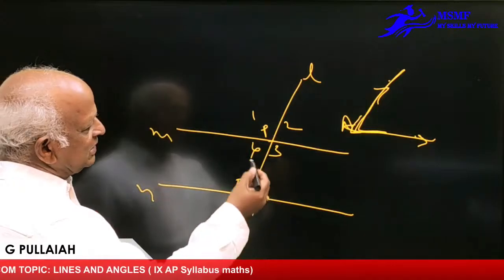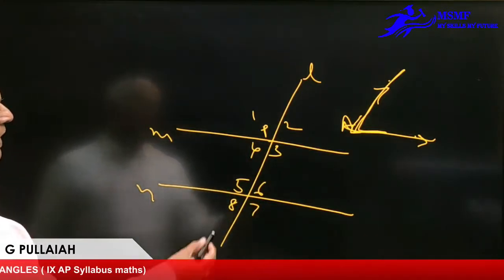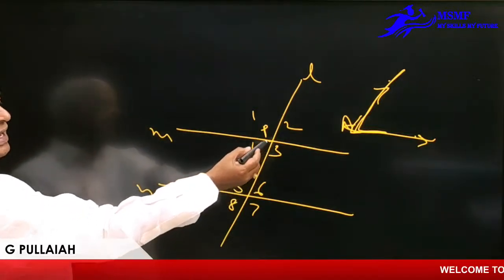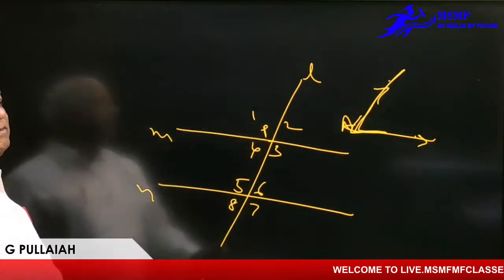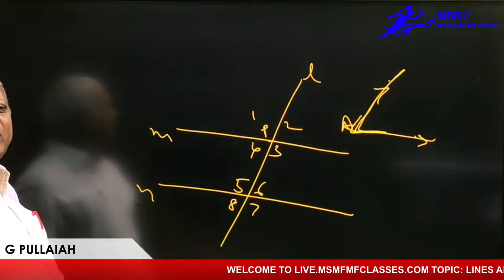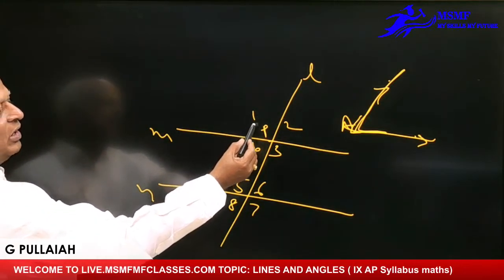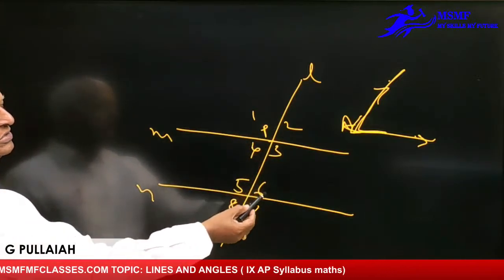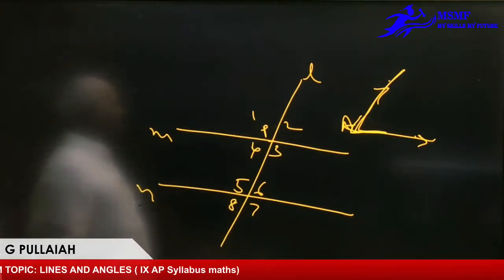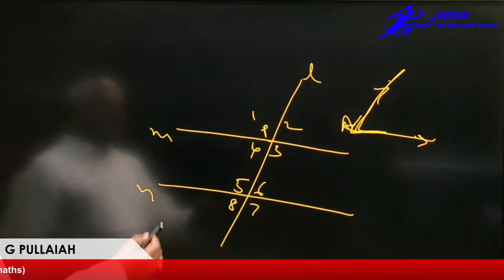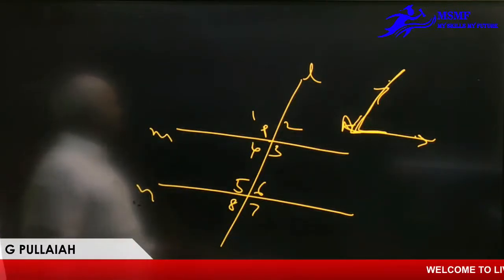So at point P, here is L and here is M, and they have got a common point P, so an angle is formed. So here we got 8 angles.